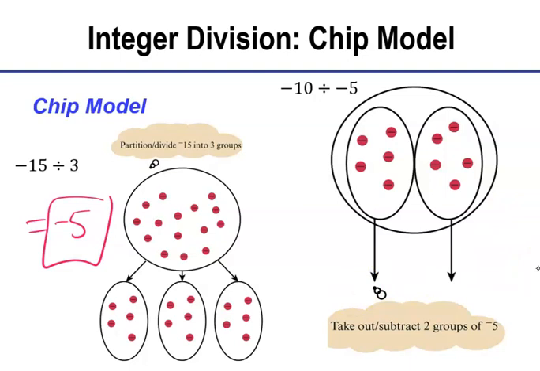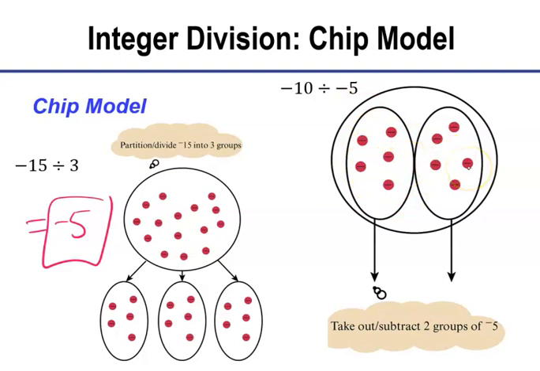But because we're dividing by negative 5, we can't do that, right? So we're going to group negative 5 inside, and the actual answer is how many groups you have. So the negative is going to go with the chips, and you're going to use the groups.